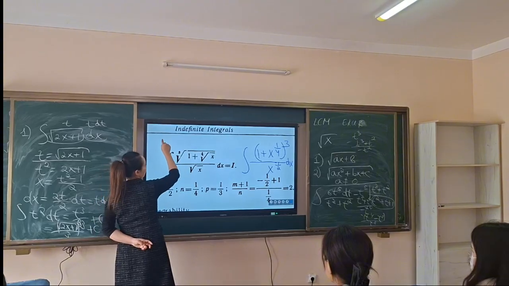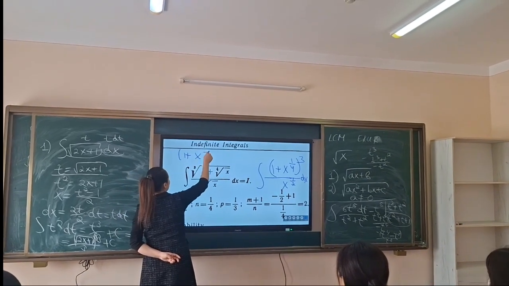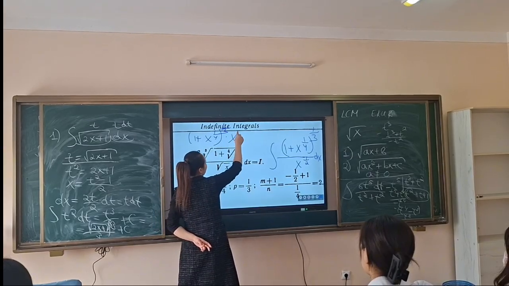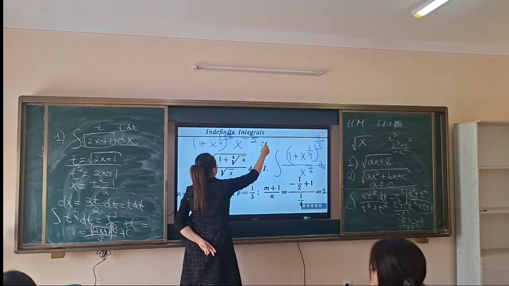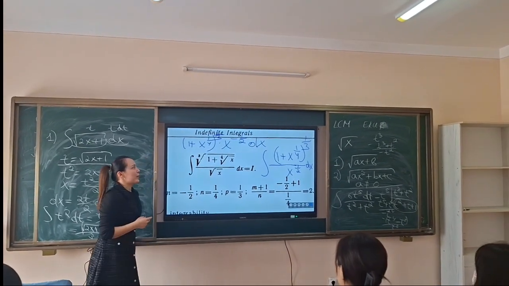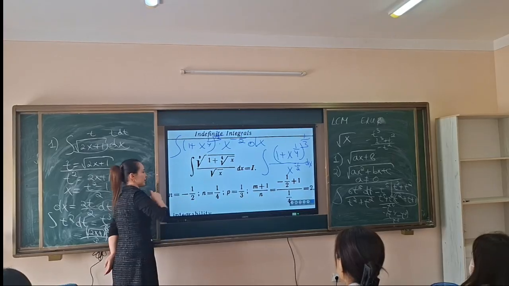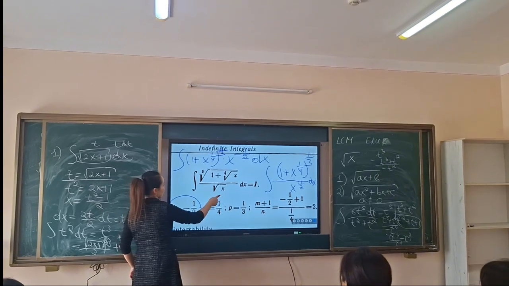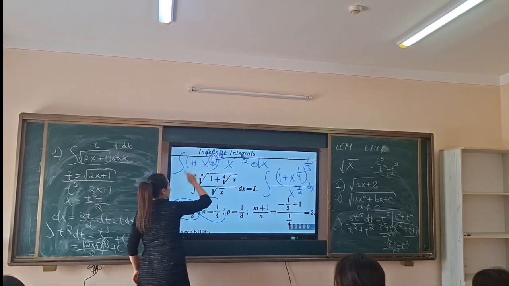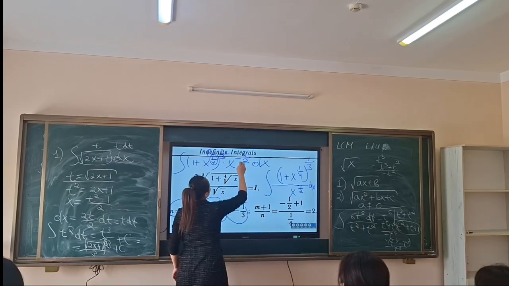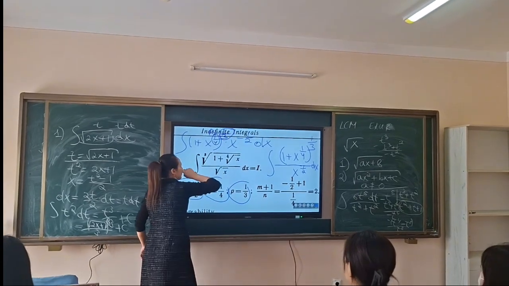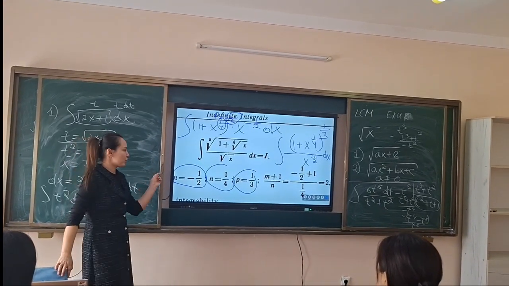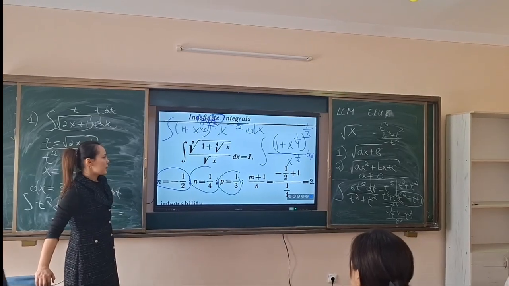This is equal to (1 plus x to the power 1/4) to the power 3, and we should multiply by x to the power minus 1/2 dx. It looks like an integral of a binomial differential, where m is equal to this one, n is equal to this, and p is equal to 1/3, and it does not satisfy the first condition because m is not a whole number.